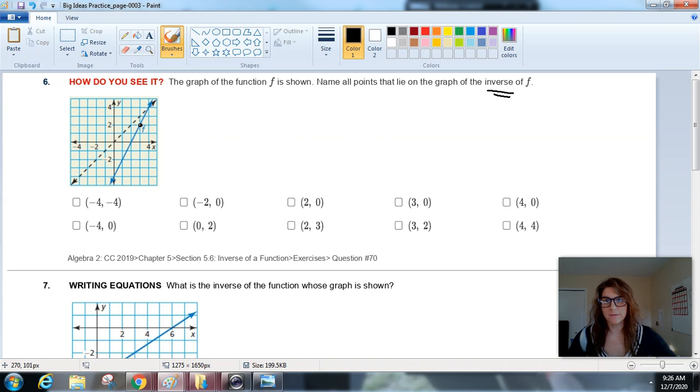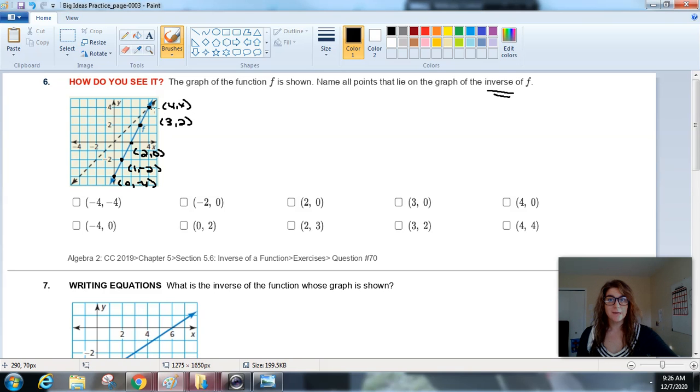I have a point here that is at 3, 2. I have a point right here, which is at 2, 0. I have a point right here, which is at 1, -2. I have one right here at 0, -4. And I have 4, 4 up top.